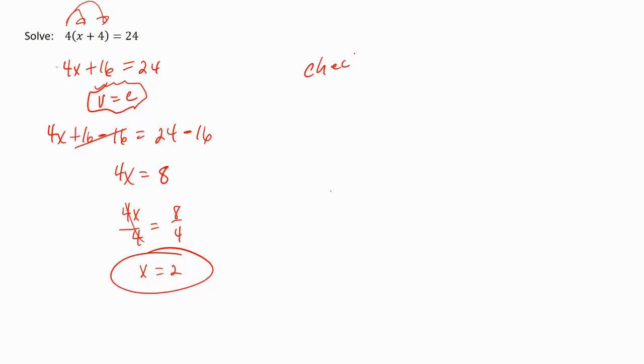All right, now we're going to check. Now, in order to check your solution, we always go back to our original equation. And in this case, we're going to substitute x for 2. And if x equal 2 is a solution, it will make both sides of our equation equal.